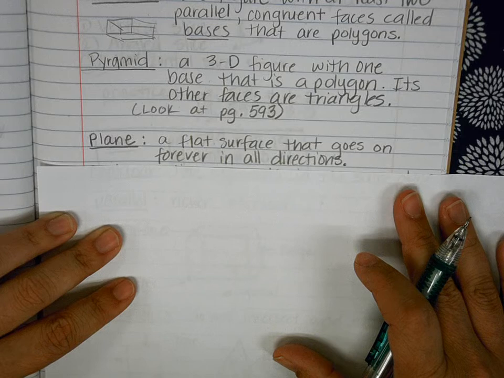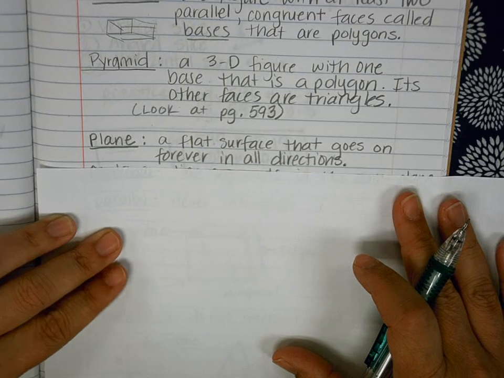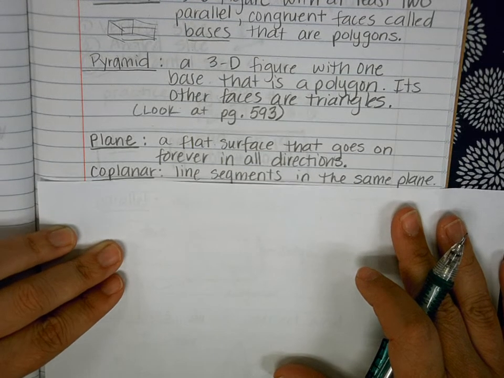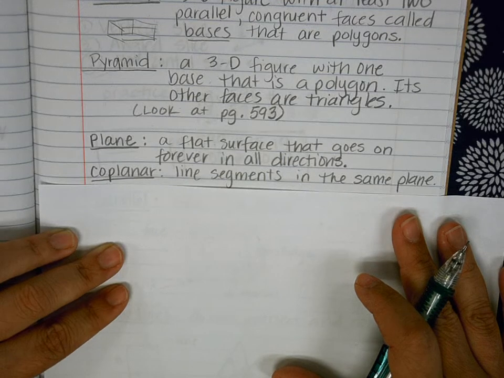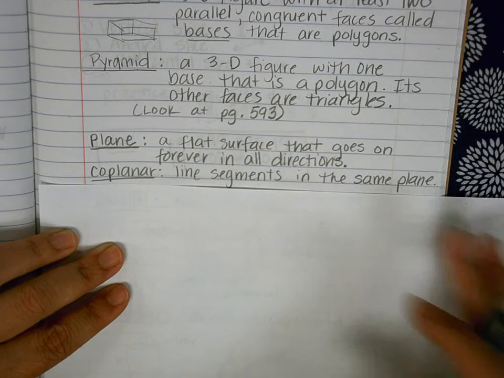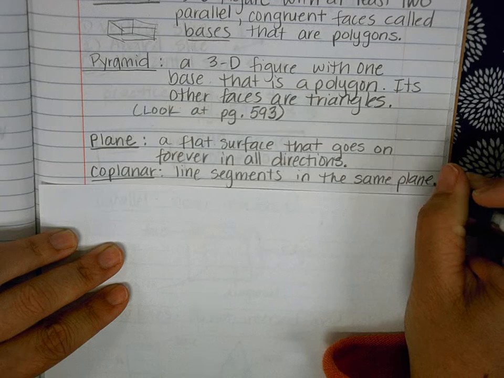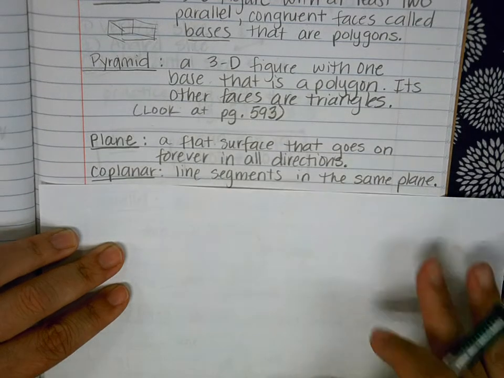And then we have a term that uses plane. It's called coplanar. They're line segments in the same plane. So it's just like a straight line from here to there. As long as they're on this flat surface, they're called coplanar.